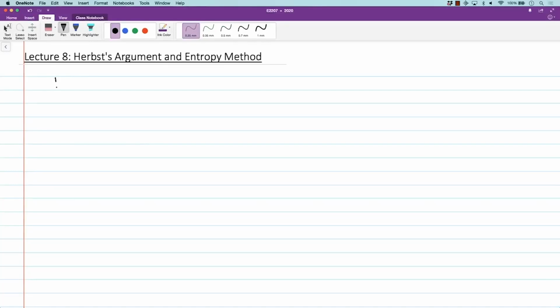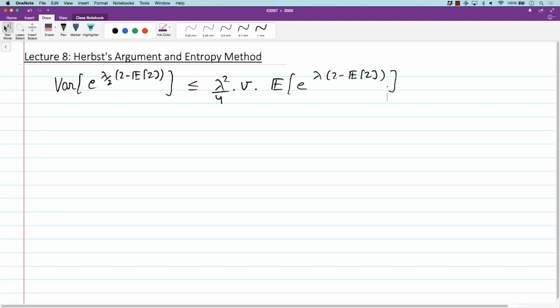We saw that if you can establish that the variance of e to the power lambda by 2 Z minus EZ is less than or equal to lambda square by 4 times some constant times the expected value of e to the power lambda, then this implies that the log moment generating function of Z minus EZ, evaluated at 1 by root v, is less than a constant, log 9, something we got, 16 by 9.